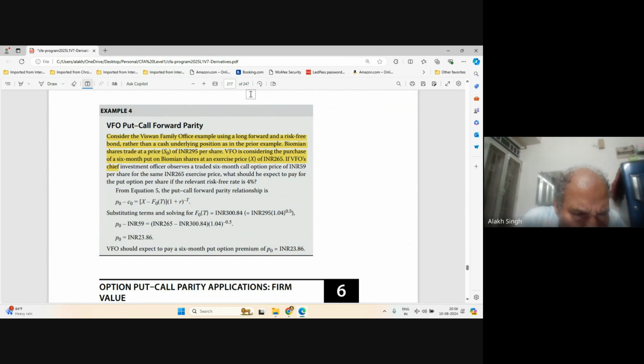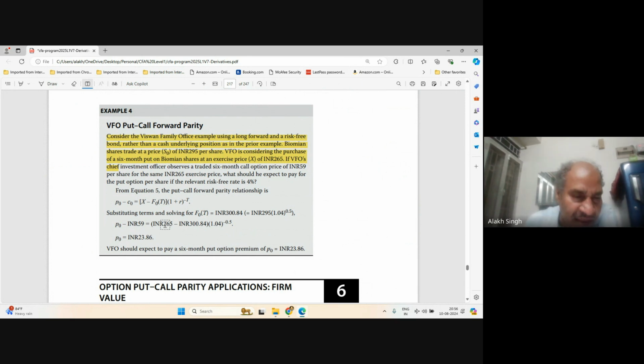So Bioman shares trade at 295. So this 295 will be S0. Since it is 295 today, F0T will be 300 something, 300.84. That is what we knew. So here it is different. F0T is different here, but you can have it at X as well.